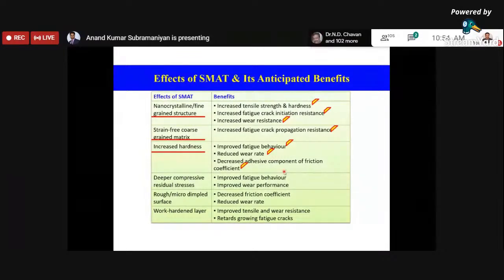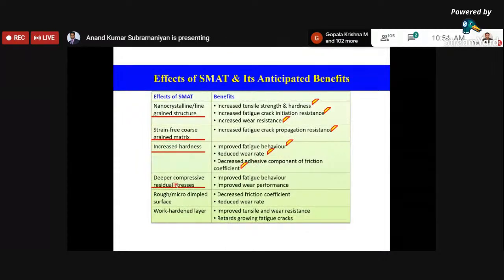Typically, if you do a wear test, we will measure what is known as the coefficient of friction, COF value, which primarily has two components: one is the adhesive component and the other is the deformation component. This adhesive component is undesirable, and it can be decreased the moment you have very high surface hardness.